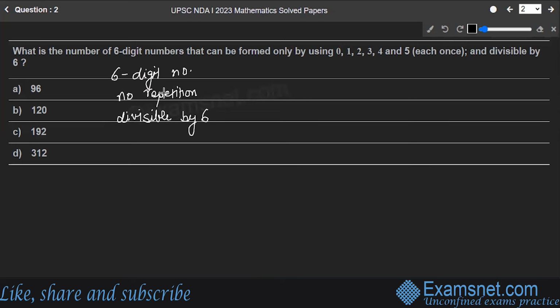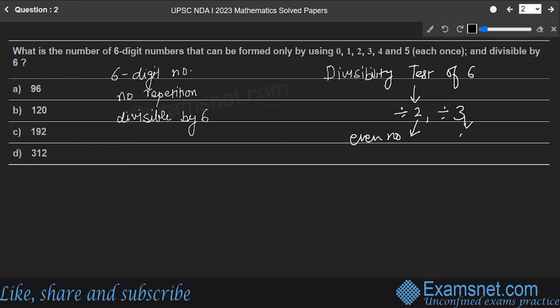So let's go with this further. Now there are 3 cases. See, what is the divisibility test of 6? The number should be divisible by 2 and it should be divisible by 3, both. Now, what is the divisibility test of 2? The number should be an even number.